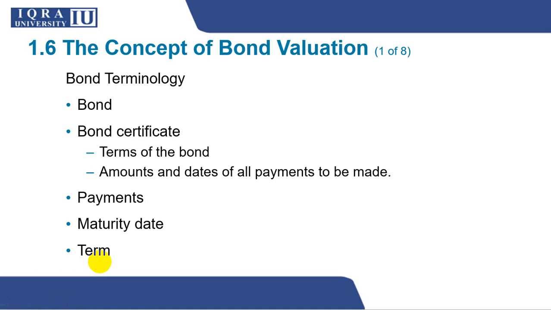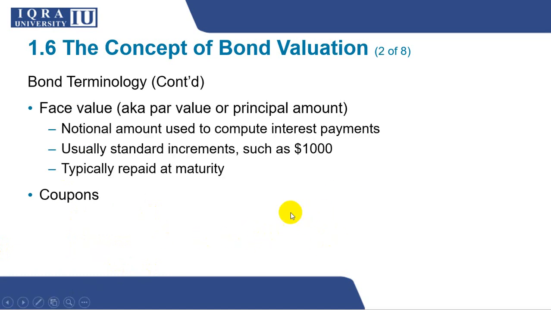Normally it's long term, a minimum of 5 years, then 5 to 10, 15, 20, up to 30 years, and in some cases maybe more than that. So this is the term and maturity date when you have to return the actual loan that you raised by giving that certificate. So these are some terminology.